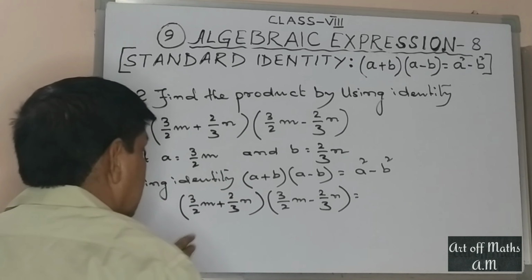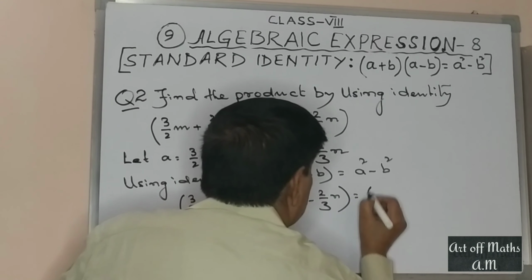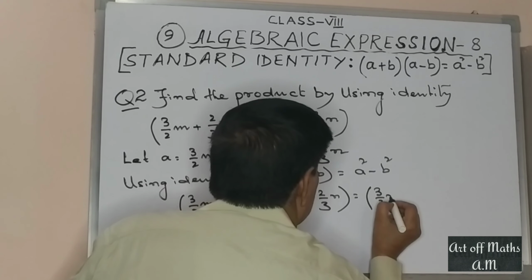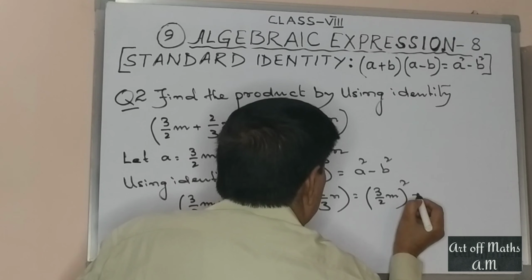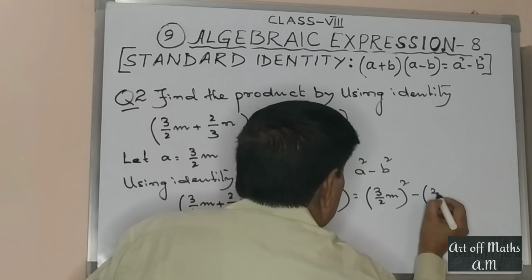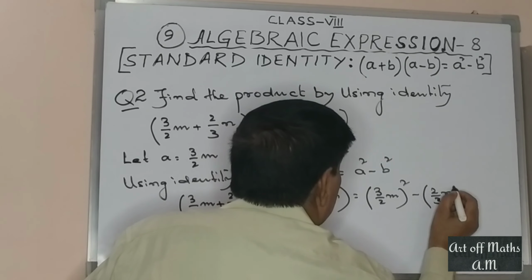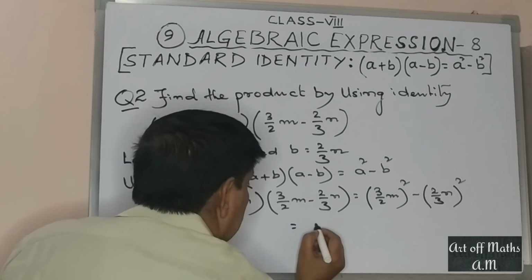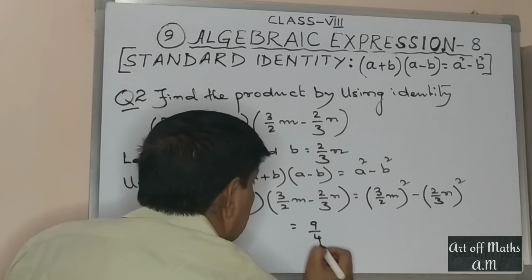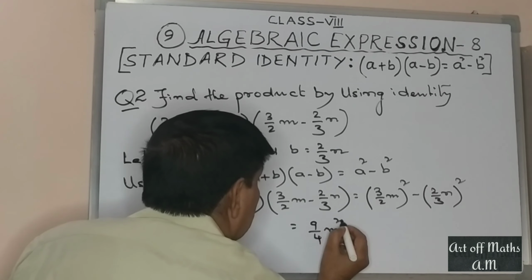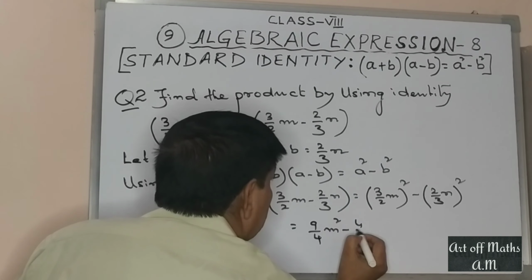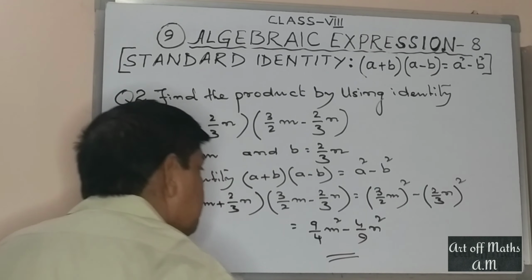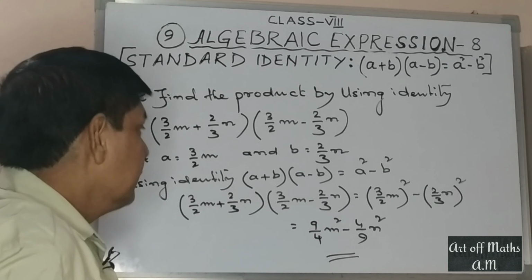So, square of the first element, that means (3 by 2 m) whole square, minus square of the second element, (2 by 3 n) whole square. That gives 9 by 4 m square minus 4 by 9 n square. The same method.